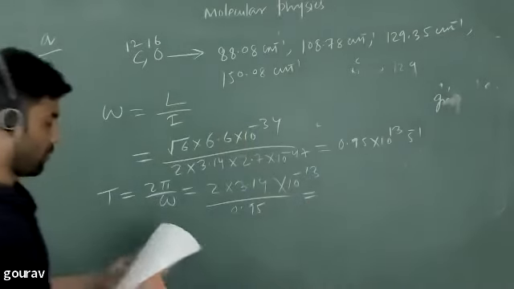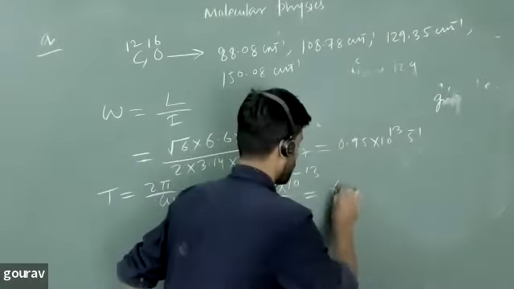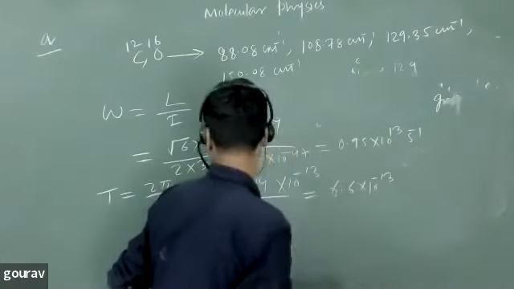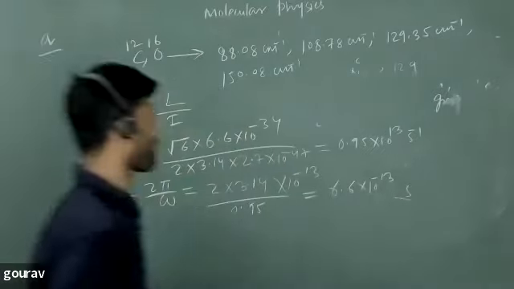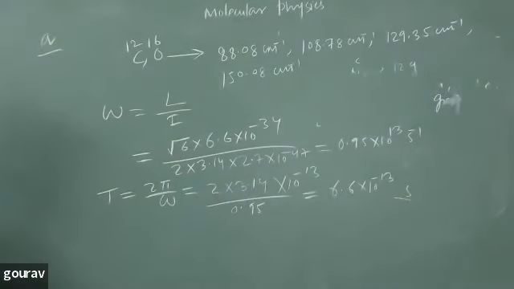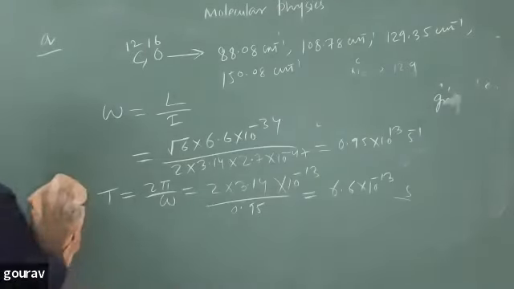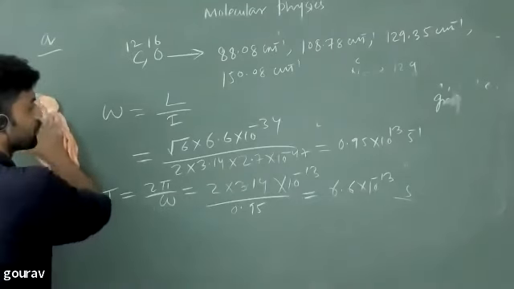If you calculate it, you will get 6.6 into 10 to the power minus 13 second. Okay, this part clear to all? Yes, sir. Okay. Shall I erase?